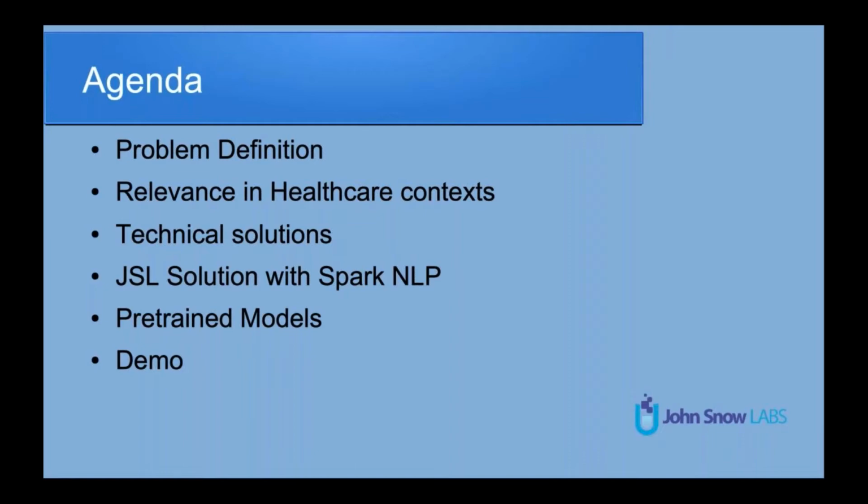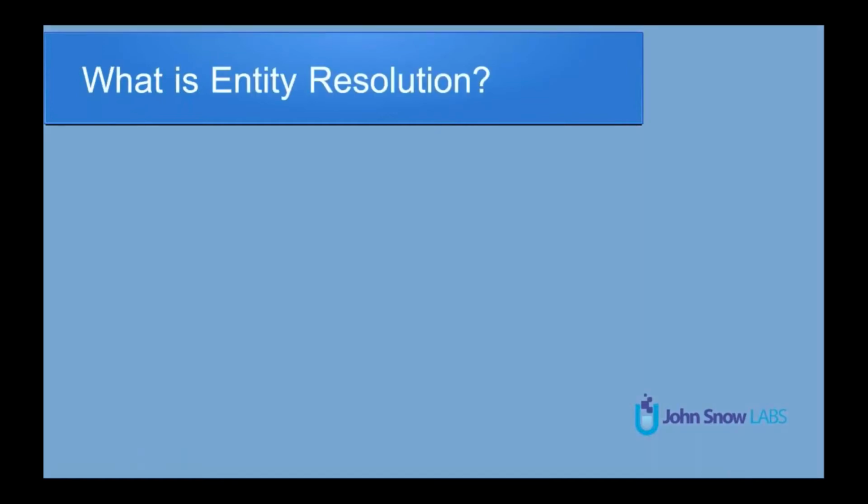Okay, so let's start and get the problem definition. At the heart of mapping different types of entities to their curated or normalized versions is the problem of entity resolution. What does entity resolution mean, and how can we formally define this problem?